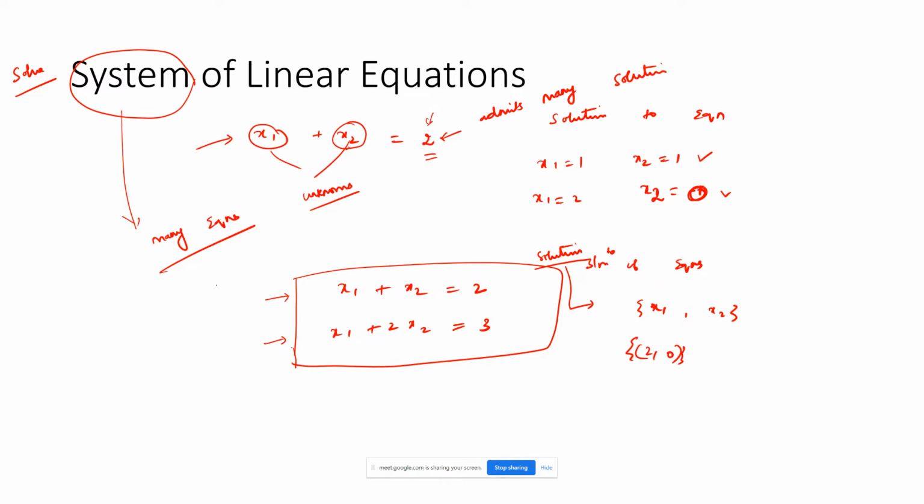When you substitute 2 comma 0, you see that 2 plus 0 equals 2, which means the first equation is satisfied. Whereas if you substitute into the second equation, you get 2 plus 0 equals 2, which is not equal to the RHS, right? Because this so-called solution violates one equation in the system, we cannot call it a solution.